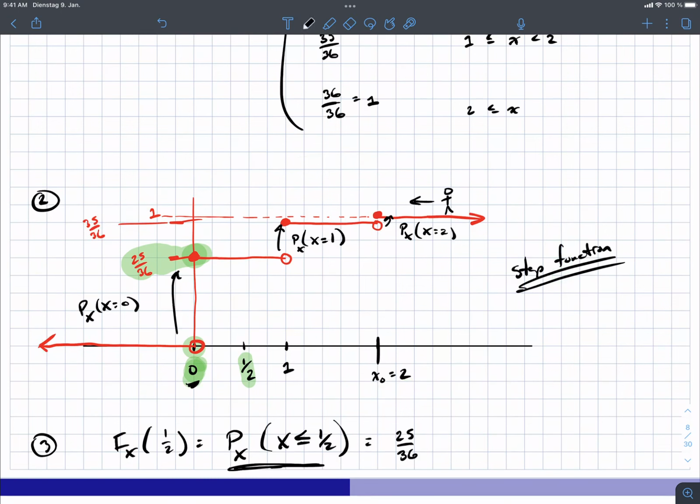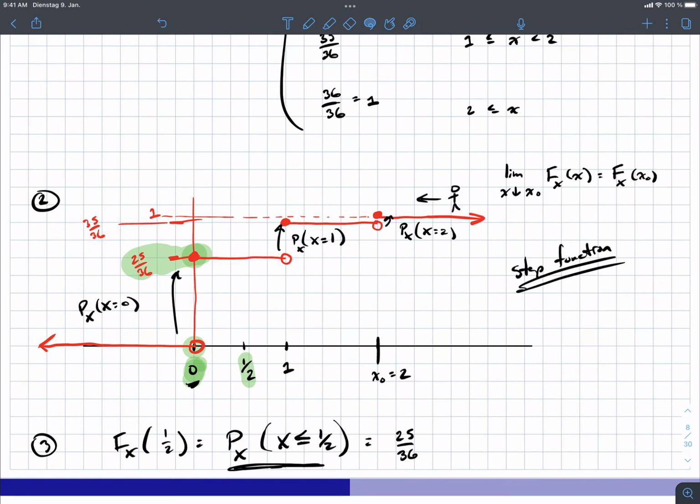This is not a continuous function because it has these jumps, but it's right continuous because if I start above, so the limit starting above and going down to any point is the same as evaluating the function at that point.